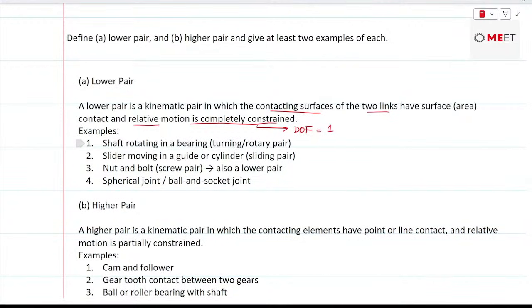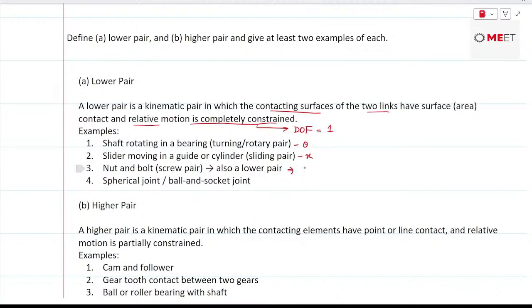A shaft rotating in the bearing is an example of turning pair or revolute pair, where the output variable we get is theta, and a slider moving in the guide is the linear displacement of the body, which is given by, let's say, x. A nut and bolt is going to form a helical pair, which is also an example of lower pair.